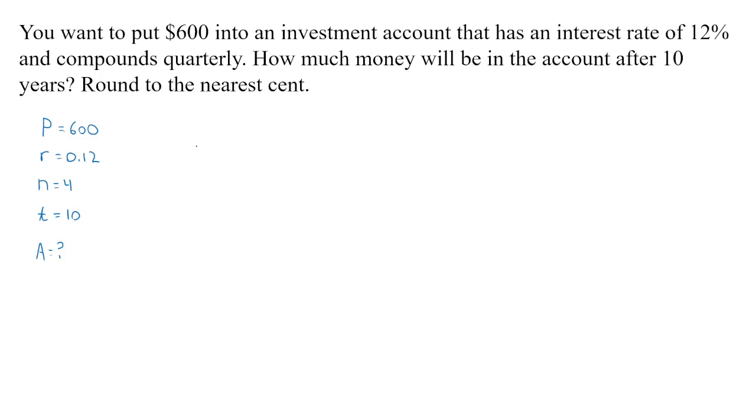So now we're going to apply the formula. A equals 600 times 1 plus 0.12 over 4 raised to the 4 times 10 power.